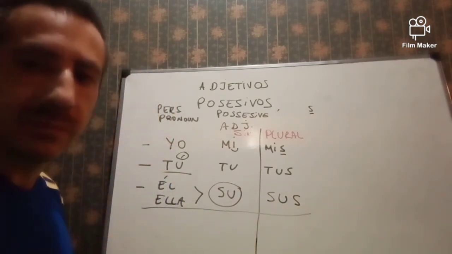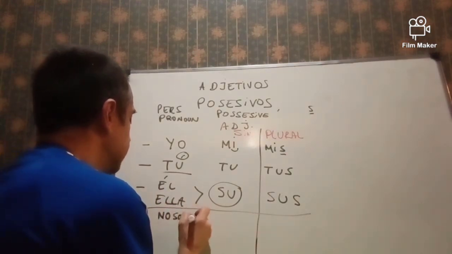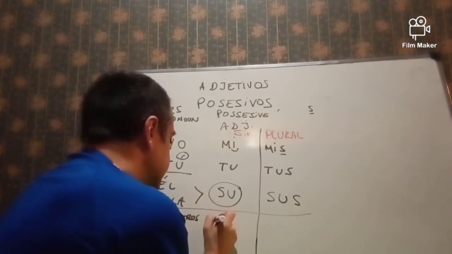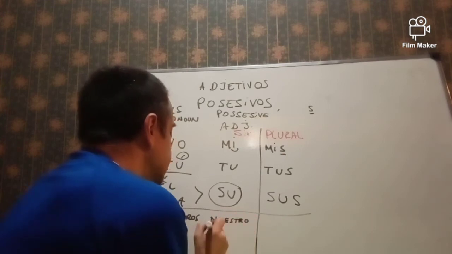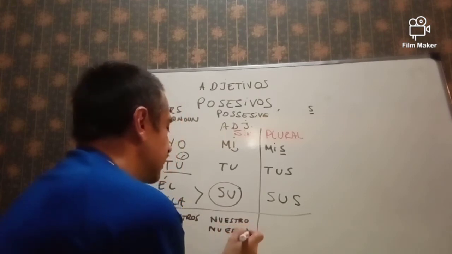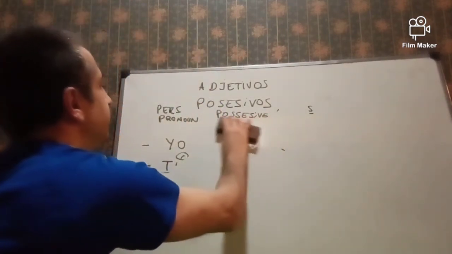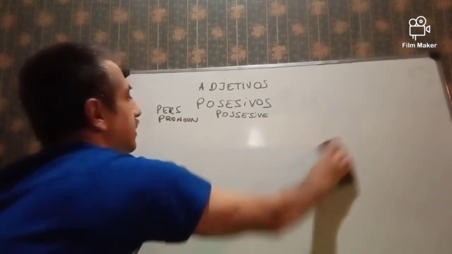Let's see the plural pronouns. Nosotros, nosotras. And in this case, in the plural we do the distinction according to gender. I'm going to write it bigger. I'm going to erase this and see the plural in bigger letters.